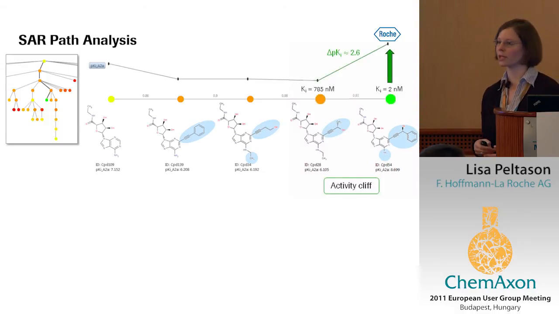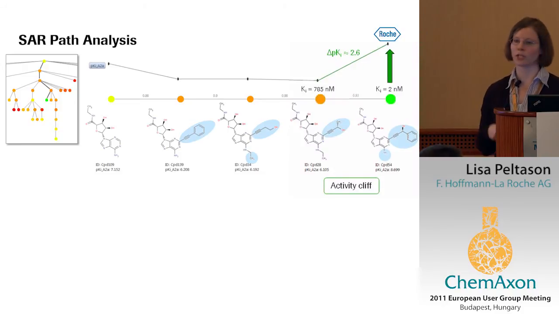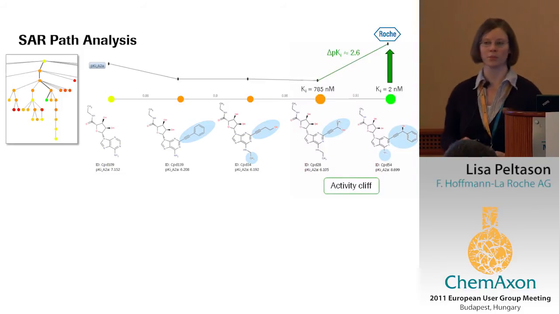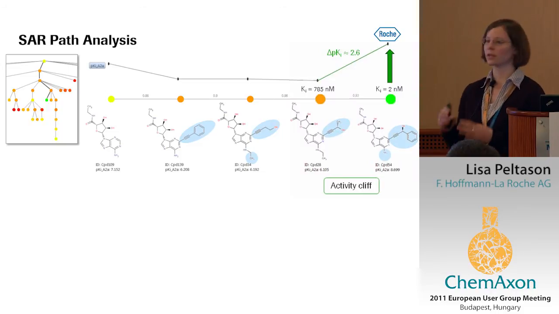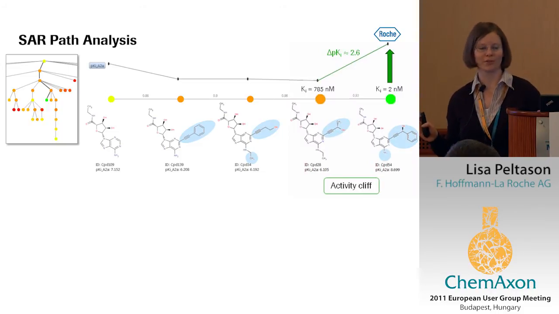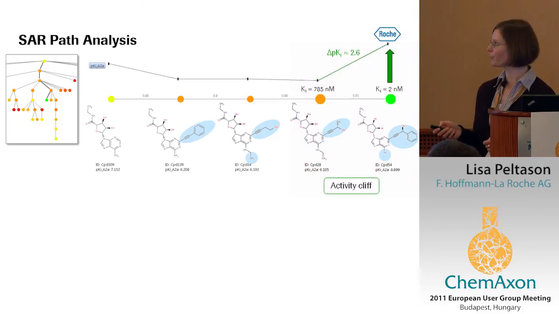So this would really be an example of such an activity cliff, which I mentioned earlier, where we have very similar structures, but a sudden leap in potency. So this is, of course, a point where people can really learn a lot about the SAR, and in this colored tree representation, the attention is directly drawn to such interesting points in the SAR data set.